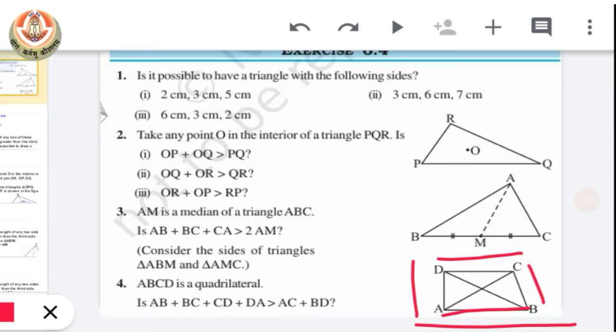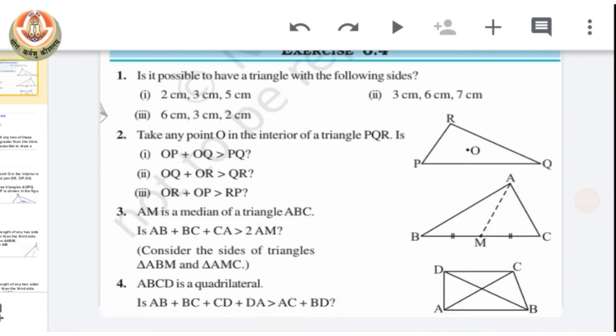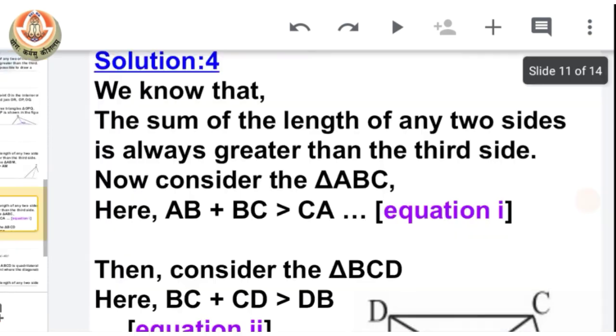Again we have to do things strategically. We can see clearly that on one side of the greater than sign we have all the sides of the quadrilateral, and on the other side we have only diagonals.